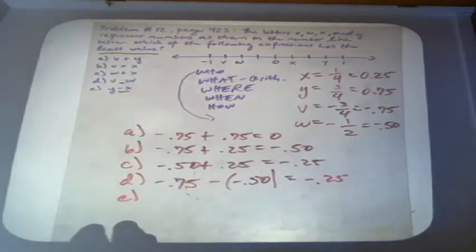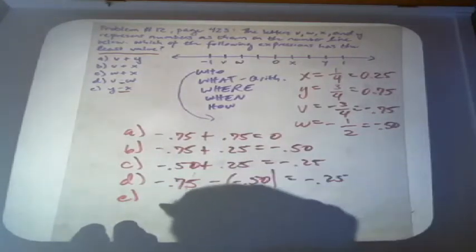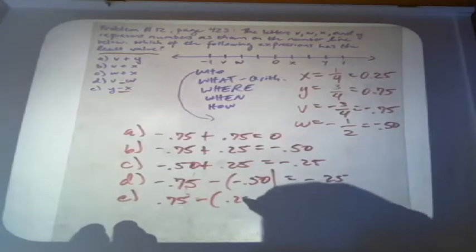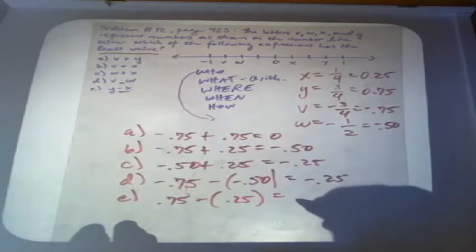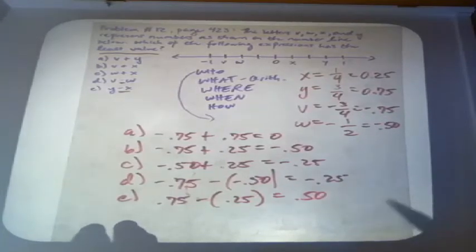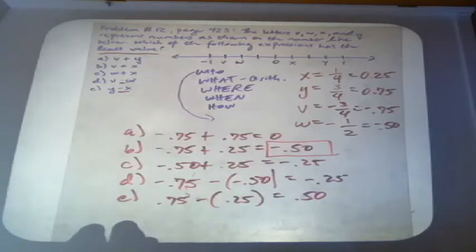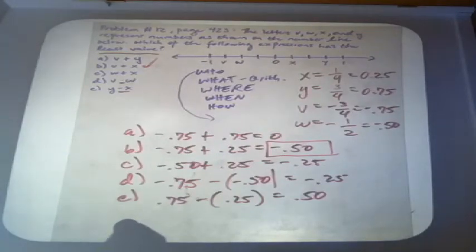Lastly, answer choice E, we take Y, which is 0.75, and subtract X, which is 0.25, and we get 0.5. As we scan our list of 5 answer choices, the smallest one is negative 0.5, which represents answer choice B. And therefore, we got our answer.